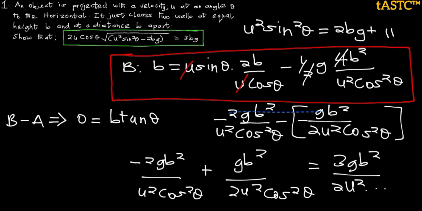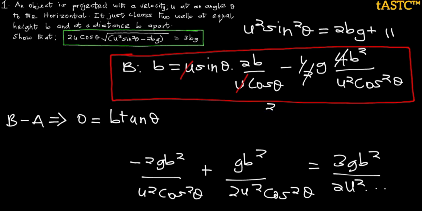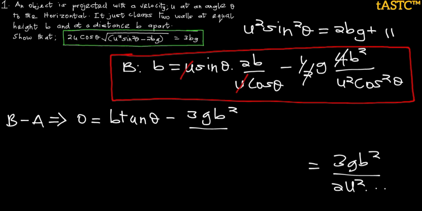So in that case, I'm going to take these out, and I'm going to write it here. That must be a minus. So this is a minus 3gb squared divided by 2u squared cosine squared theta.